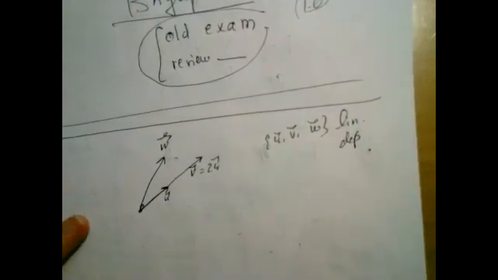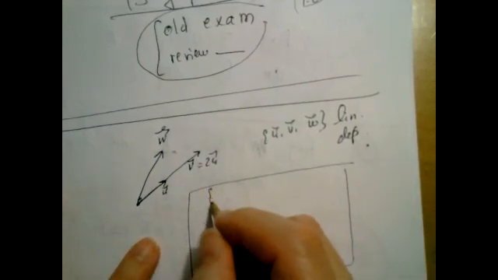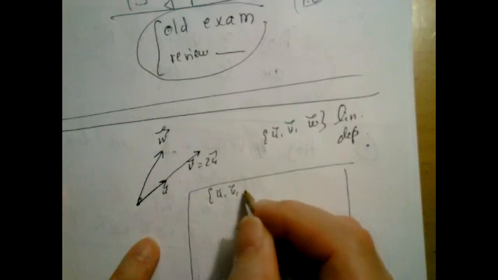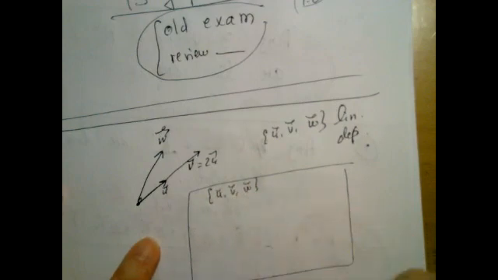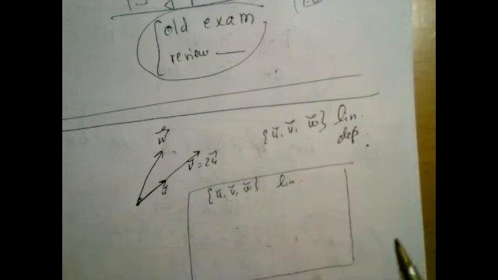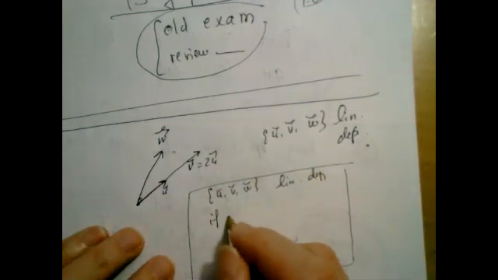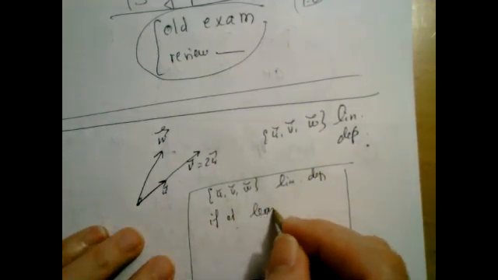And this is based on the following principle. Vectors are linearly dependent, a bunch of vectors, even more than 3, if at least one of them is a linear combination of the others. That's not how you show them, but that's how you understand them.